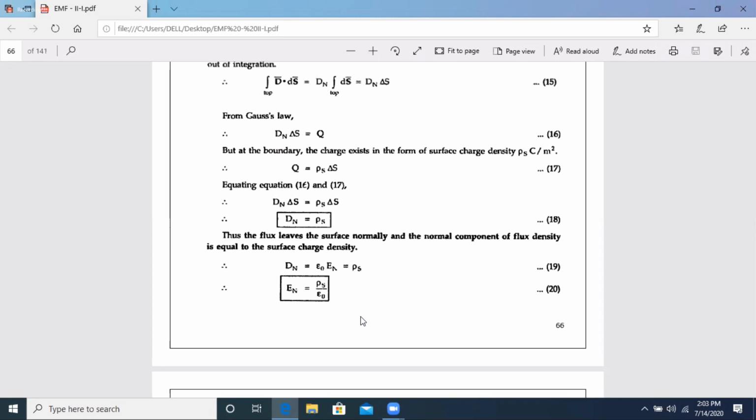The electric field intensity vector in medium 1 is E1 equals 2 aX plus 3 aY plus 4 aZ volts per meter.